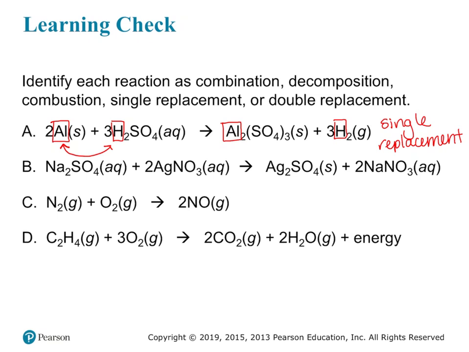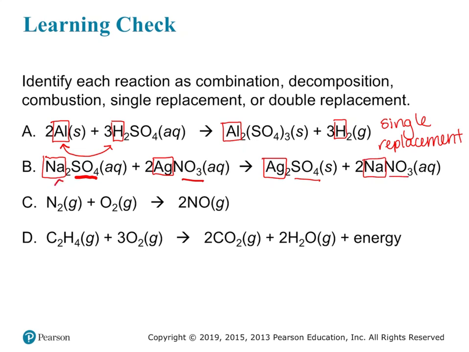So if this one had you stumped, this sodium here was originally attached to this SO4, but then in the products, silver is attached to SO4. And then originally silver was attached to NO3, but in the products, sodium is attached to NO3.